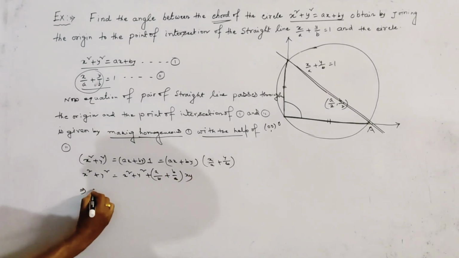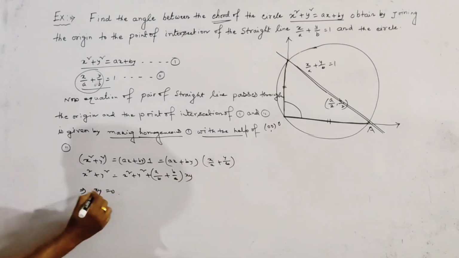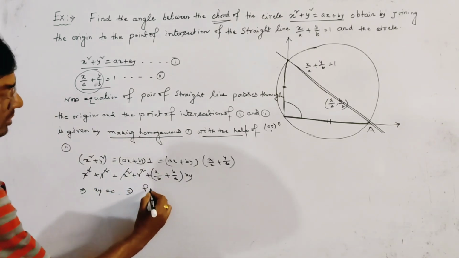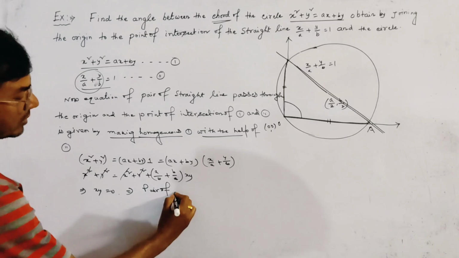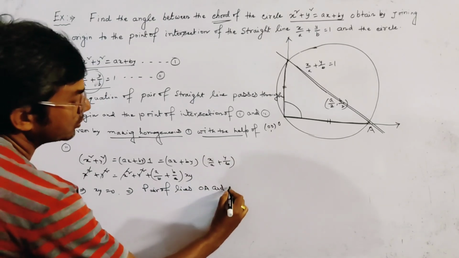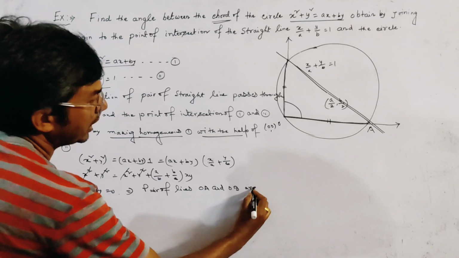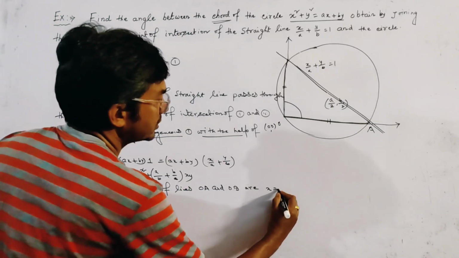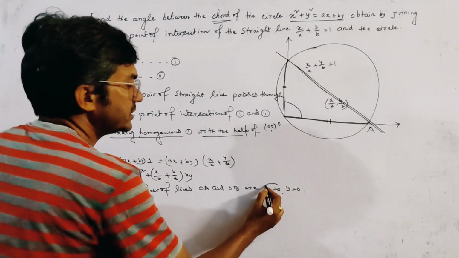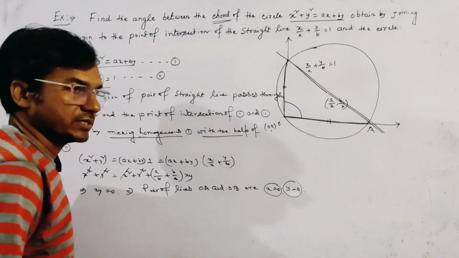And this gives xy equal to 0 because x square plus y square cancel out. So xy equal to 0, and so the pair of lines OA and OB are x equal to 0, y equal to 0, and obviously this is the y axis and this is the x axis.